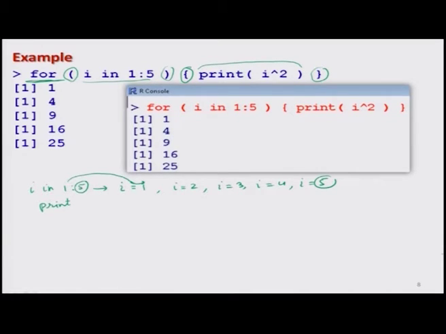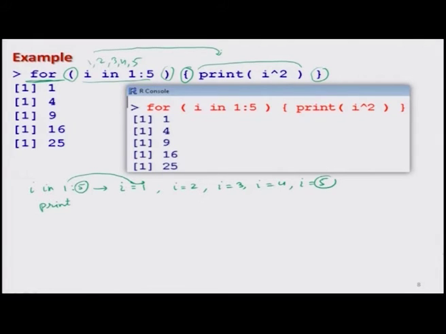So, what I am trying to say here is that there are now 5 values here, 1, 2, 3, 4 and 5, which are contained in this bracket. From here, these values will be transferred to the statement inside the curly bracket one by one, and the statement will be executed and its outcome will be recorded for each and every value.